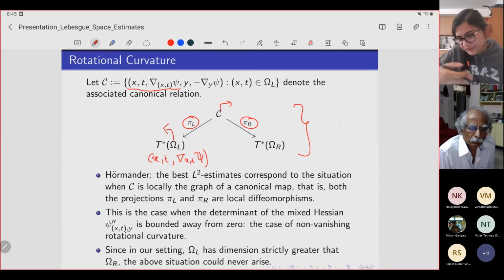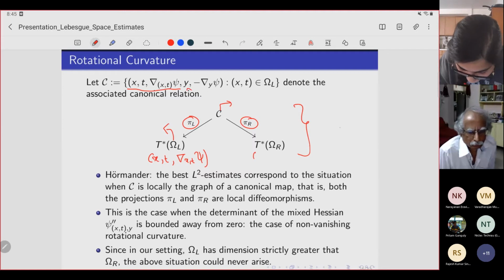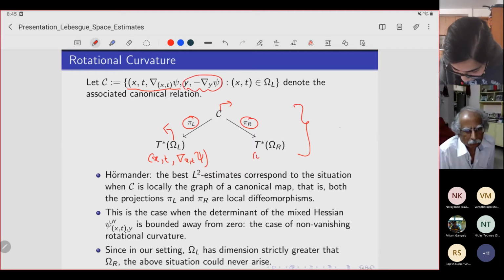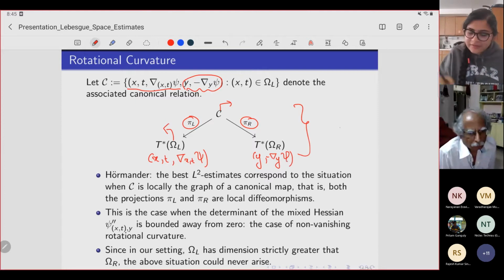Similarly, the right projection gives y and negative gradient in y of psi, which lies in the cotangent bundle of omega R, where y sits.